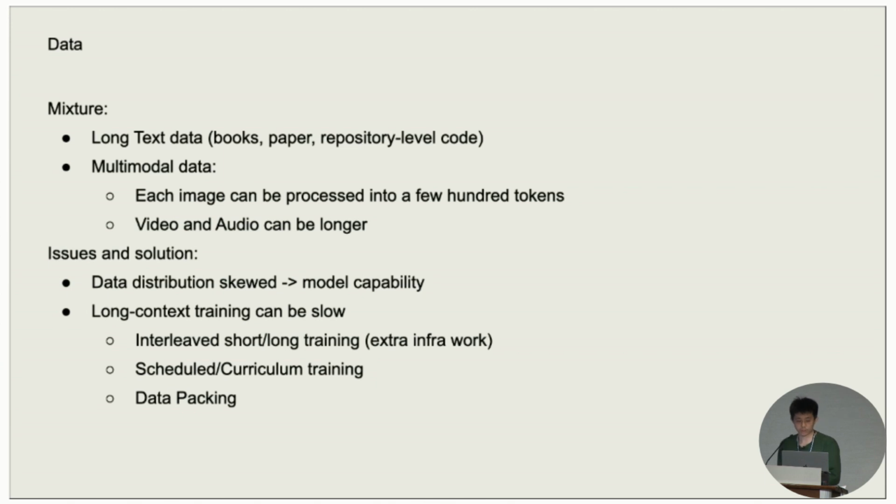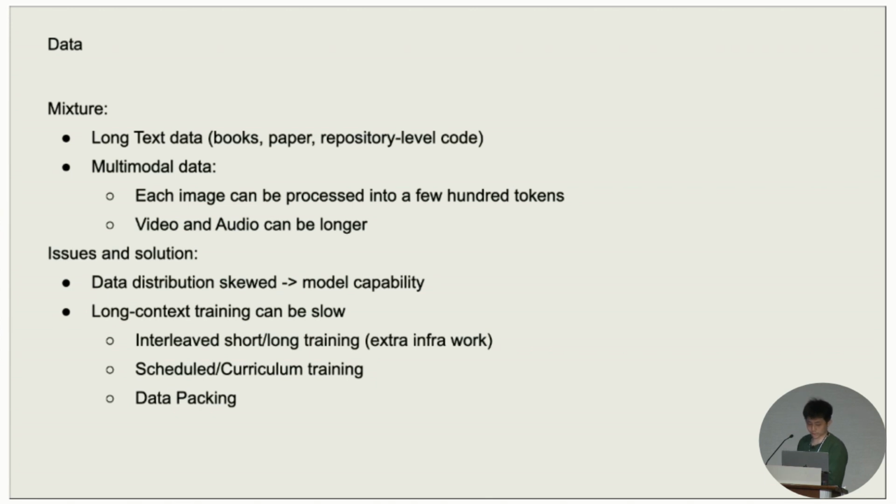The issue with long context data is that if you only train on the longer context regime, the data distribution is super skewed compared to your pre-training data mixture, which leads to suboptimal model capability if you naively scale up the data distribution in the longer context range.